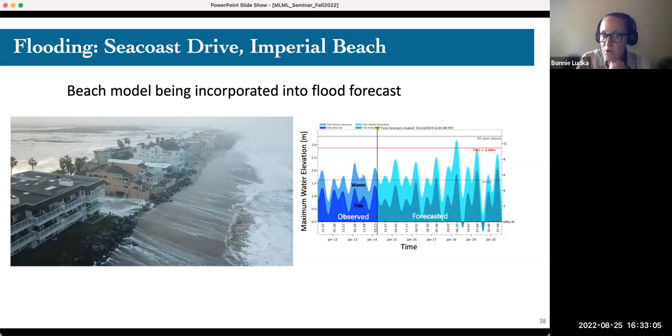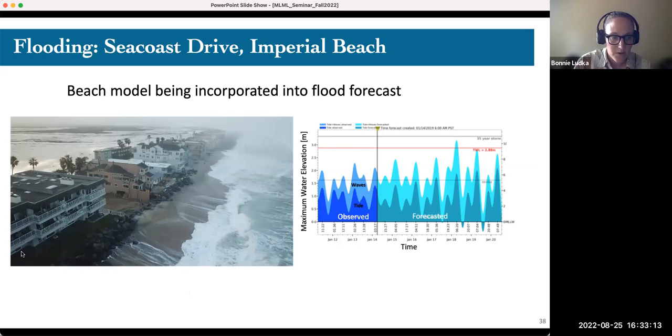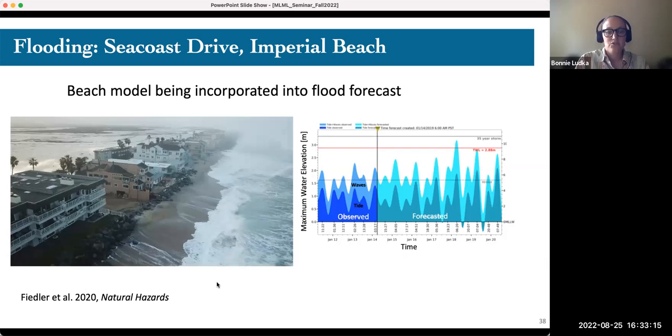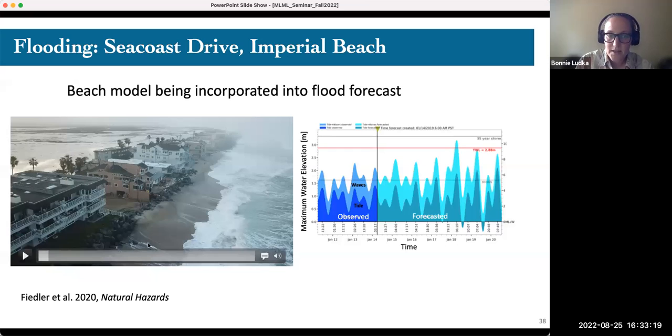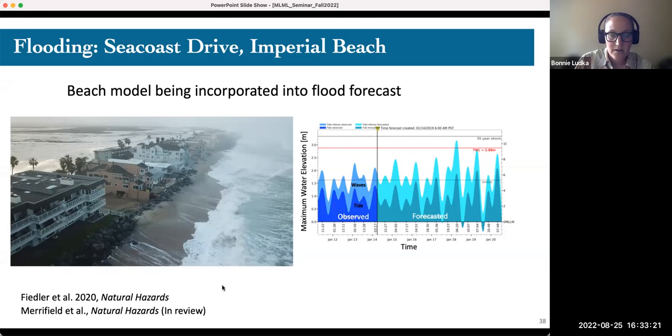There are folks that I've had the privilege of working with to develop this flood forecast. Julia Fiedler has done a lot of work on figuring out how best to model the run-up here. And then Mark Merrifield and colleagues have also been developing this operational flood forecast system. You can check out the flood forecast on their website here.